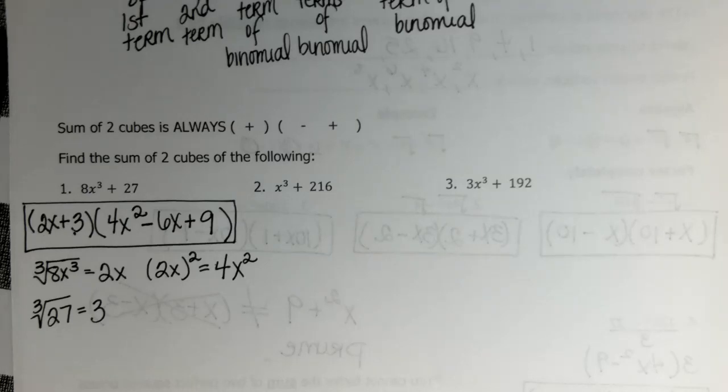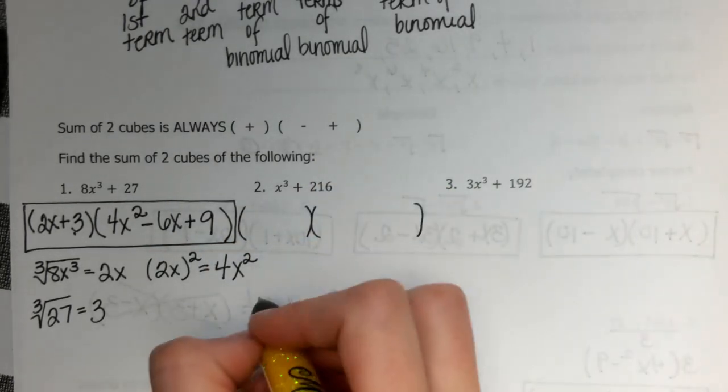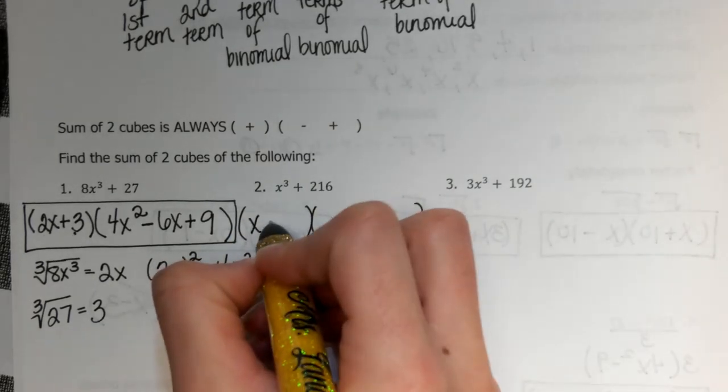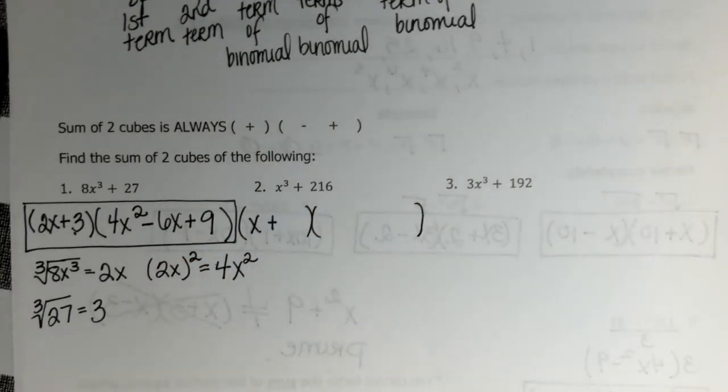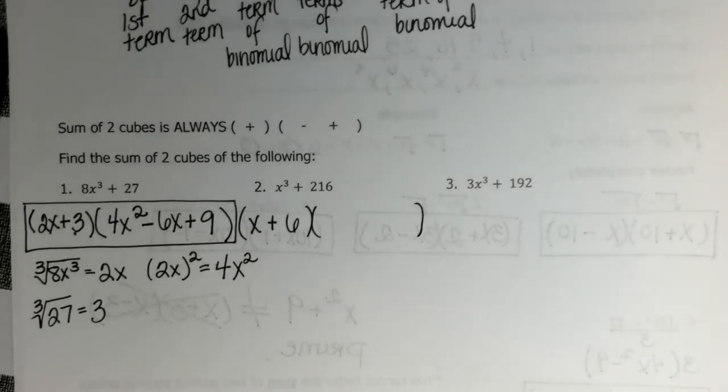Okay? So x cubed plus 216. I'm going to set up my parentheses. The cube root of x cubed is just x. Bring down your plus. The cube root of 216. Okay.